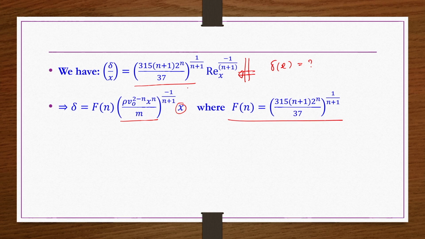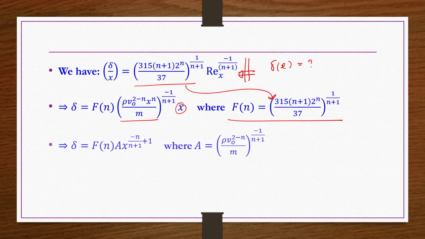Fn is nothing but this quantity. We also need d delta by dx to substitute in the previous equation.